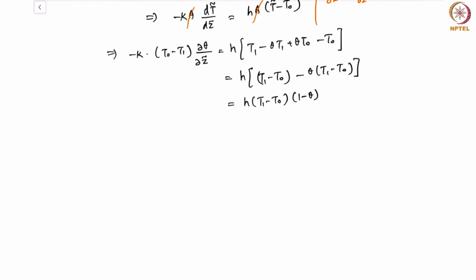What we now have is minus h of t naught minus t1 into 1 minus theta. Let's now put everything together.